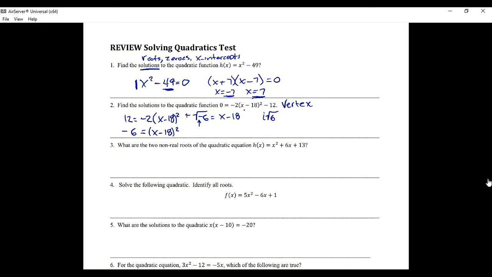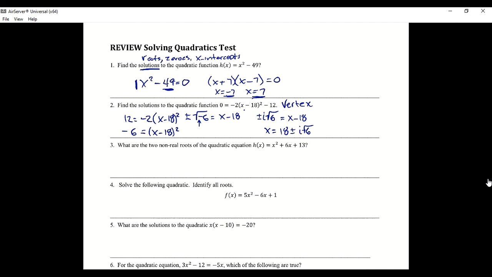Oops, I forgot my plus or minus. Equals x minus 18. And then our last step is to bring the 18 over by adding it to both sides. And we end up with x equals 18 plus or minus i square root of 6.